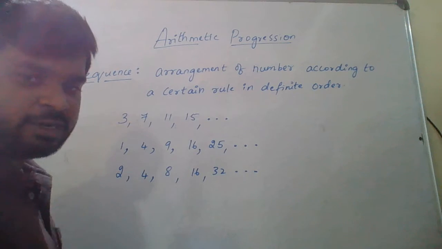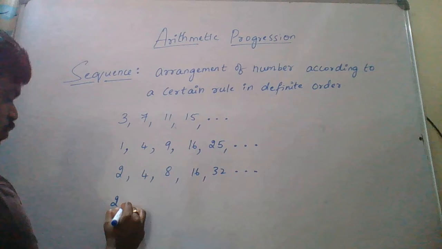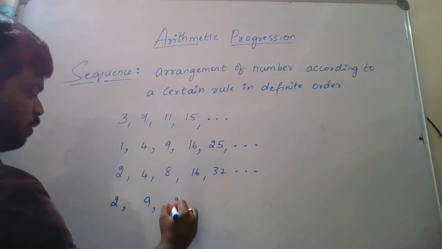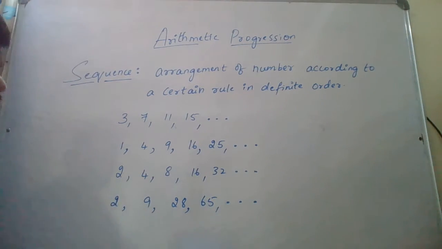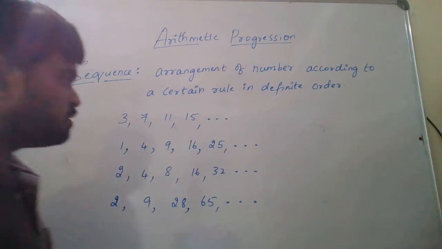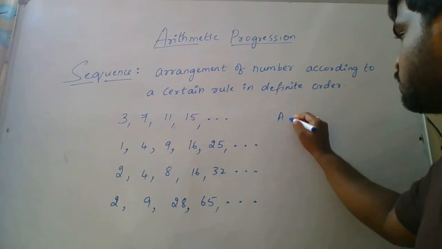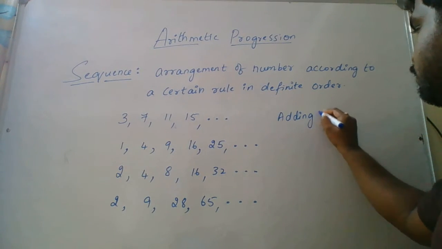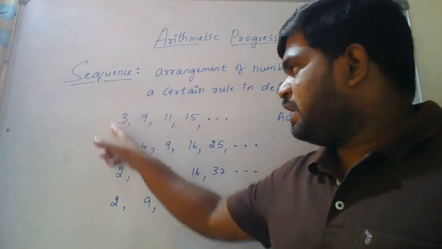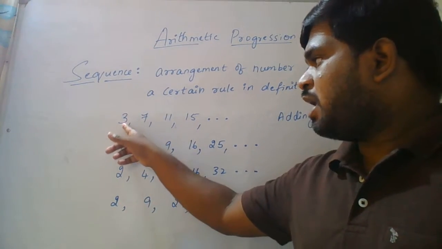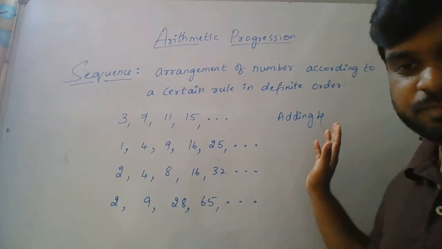There are some rules hidden in it, we have to find it. There is a pattern in it. In the first one, what is the rule? I'm just adding 4 to each term to get the next one. I took the initial number 3, I'm adding 4. 3 plus 4 is 7, 7 plus 4 is 11, 11 plus 4 is 15 and so on.